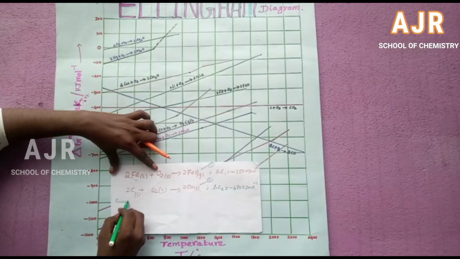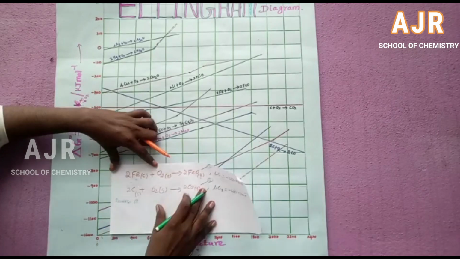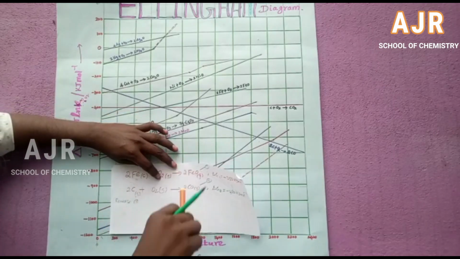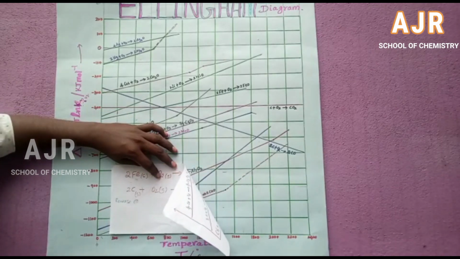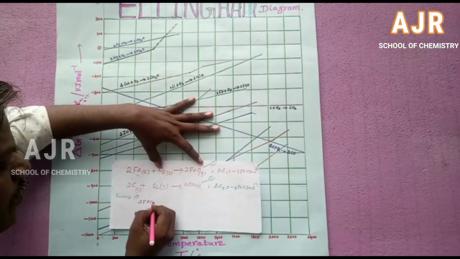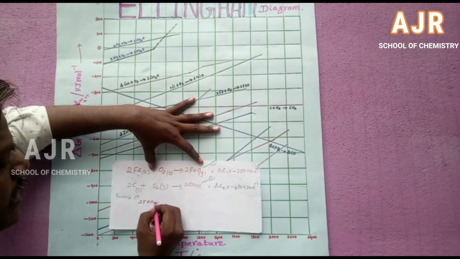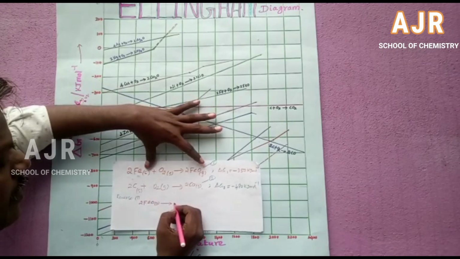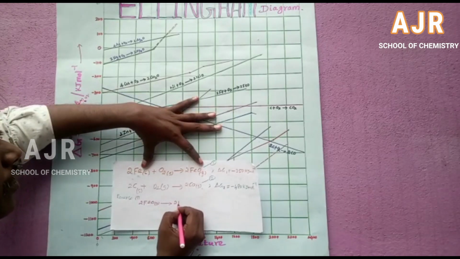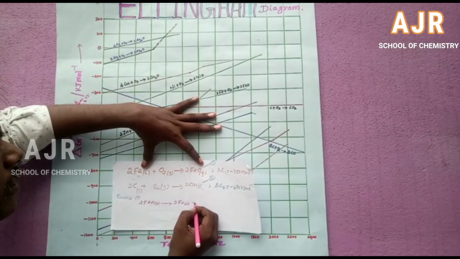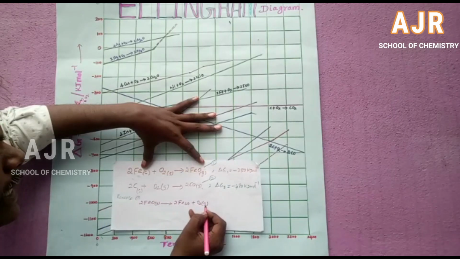reverse equation number 1. If you reverse equation number 1, you will get 2FeO converted into 2Fe solid plus O2 gas.